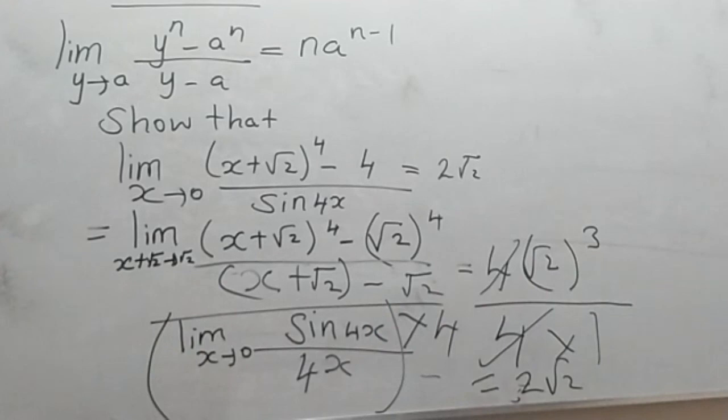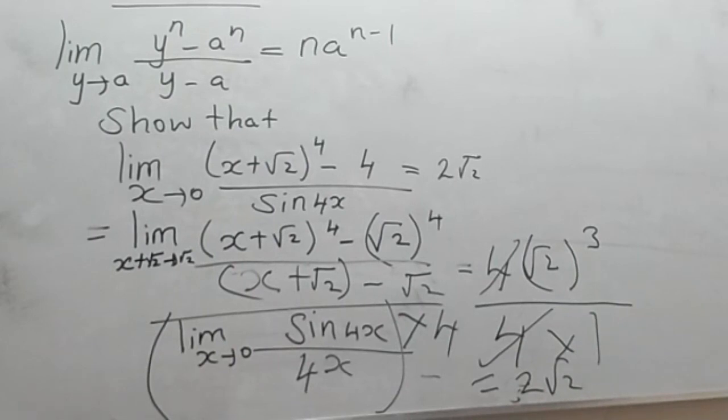Okay? So nothing any new thing in this question. They have given you the idea. Limit of y tends to a, y to the power n minus a to the power n over y minus a, we have to show that is equivalent to n into a to the power n minus 1. And a trigonometric thing that you can state now. If you get any trigonometric limit, you have to get it into the format limit of x tends to 0, sin x over x.